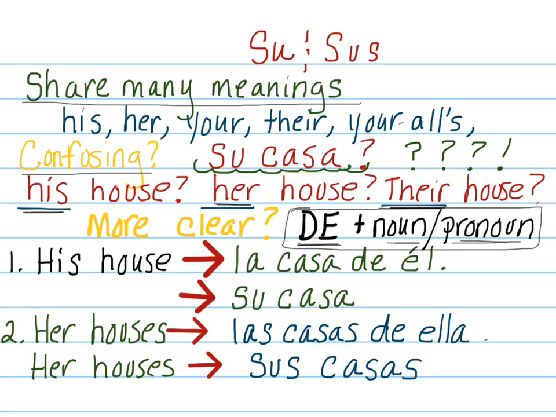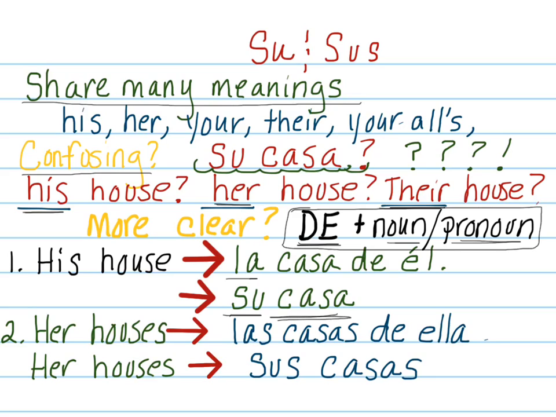So let's look at his house. His house can be, let's look down here first, su casa. That's totally grammatically correct. Su casa is his house, but it could also be her house, their house, y'all's house. You get the picture. So to make it more clear, if we need to, you can just say the house of him.